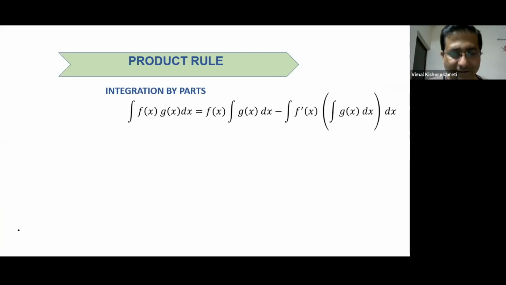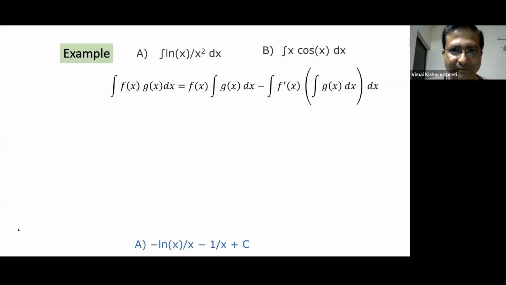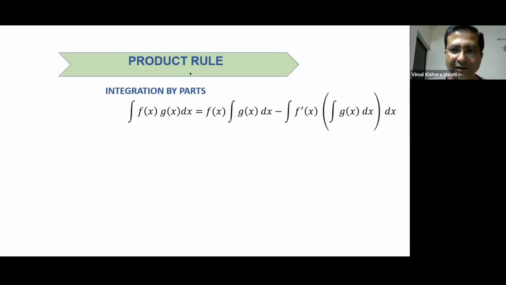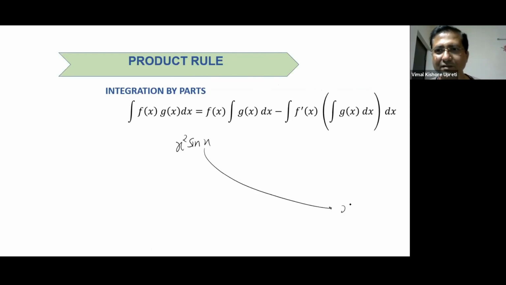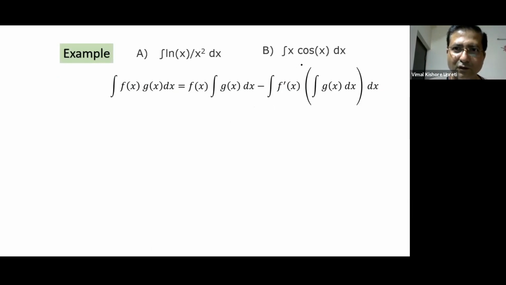Let's take one example. Just now we have seen that if I take x square sine x, our last term was in this format, right? So how to integrate this? Let's see. This is our formula, right?